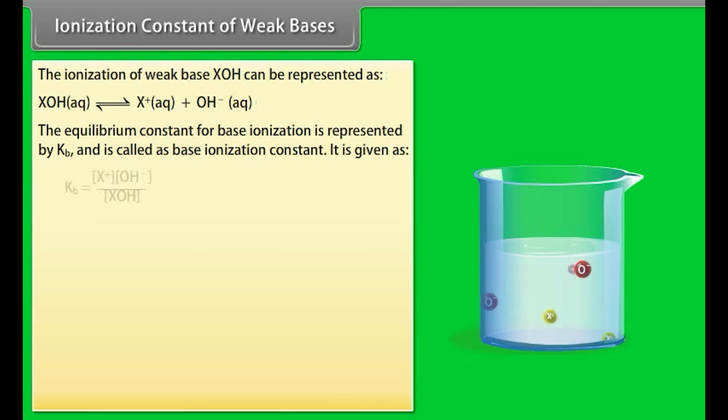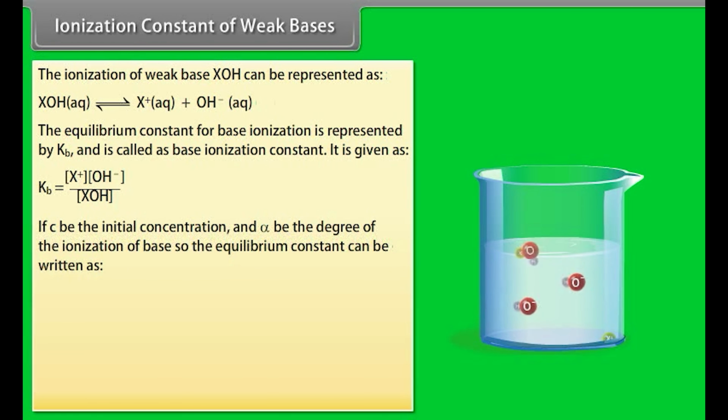It is given as: if C be the initial concentration and alpha be the degree of the ionization of base, so the equilibrium constant can be written as Kb is equal to C alpha square by 1 minus alpha.